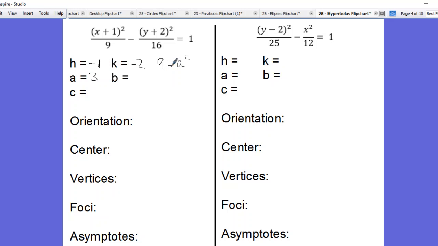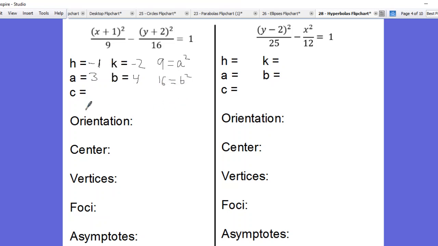The square root of a squared is a, the square root of 9 is 3. If 16 is equal to b squared, then 4 is equal to b because the square root of 16 is 4. The square root of b squared is b.